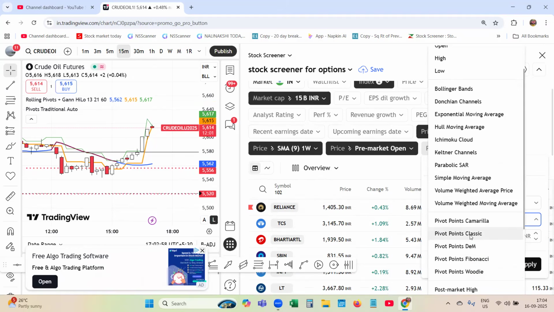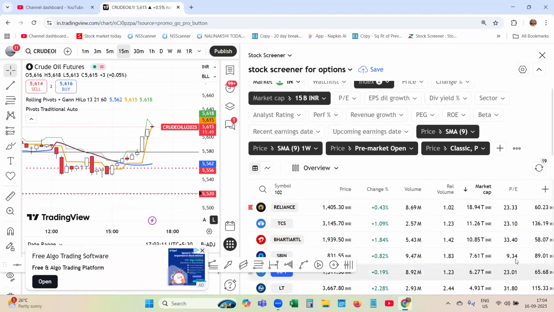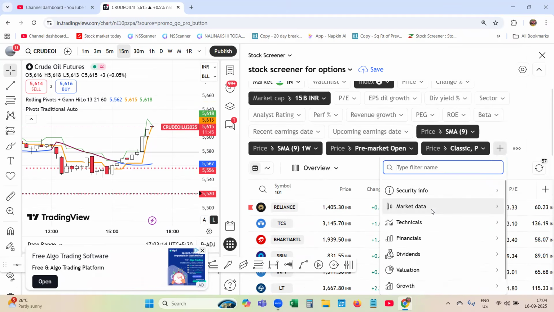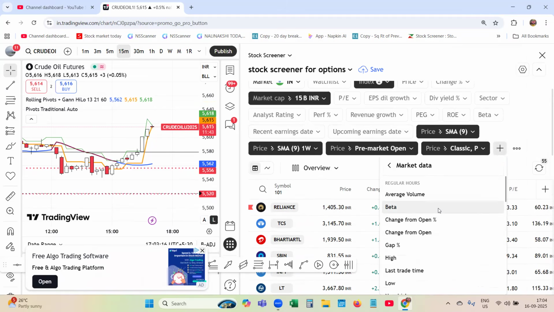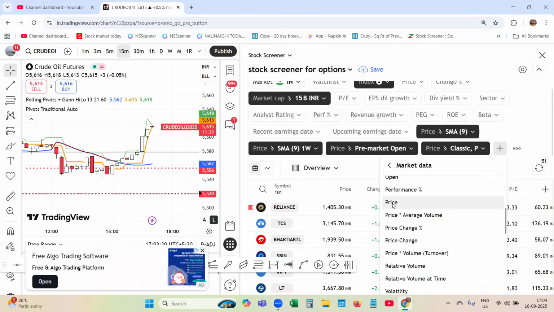There is no standard, so you can go for pivot points classic, 1 day, which is already there. The price should be above or equal to the pivot point. Apply.